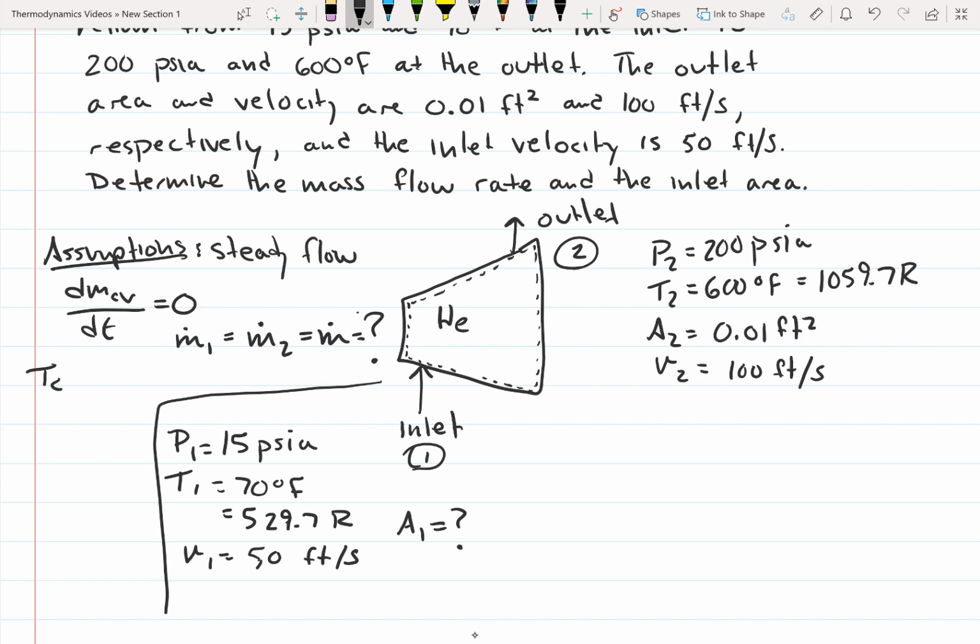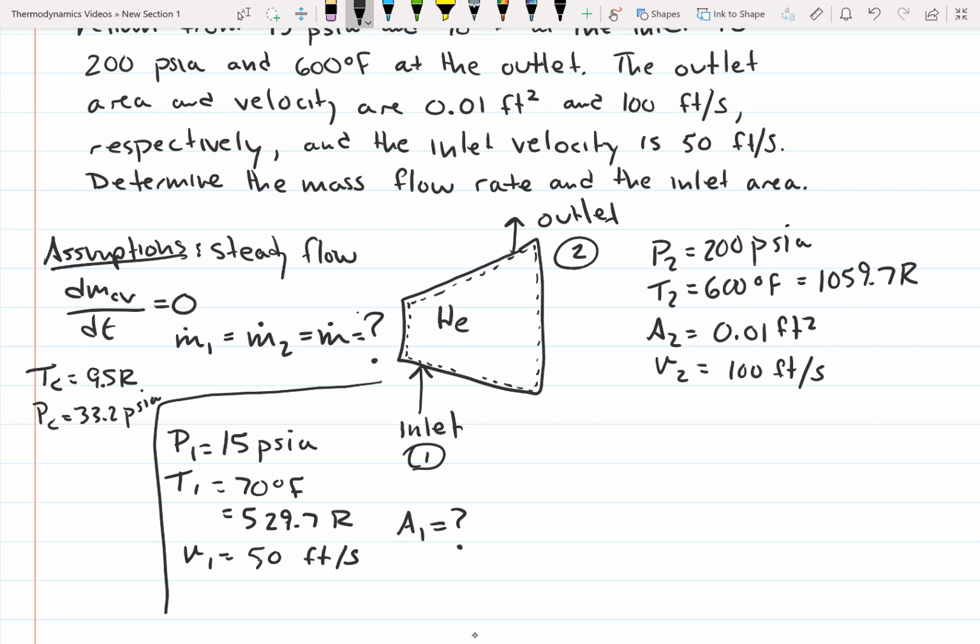First of all, if we look up the critical temperature and pressure, this is table A-1, and you're going to want to look at A-1E because we're using English units. So the critical temperature is 9.5 Rankine. The critical pressure is 33.2 psi absolute.